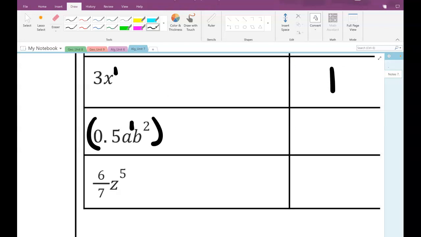We got practice putting those to the power of 1 when we were doing our exponent rules. So this is a degree 3 monomial. And our last one, since it's z to the power of 5, we would call a 5th degree monomial.